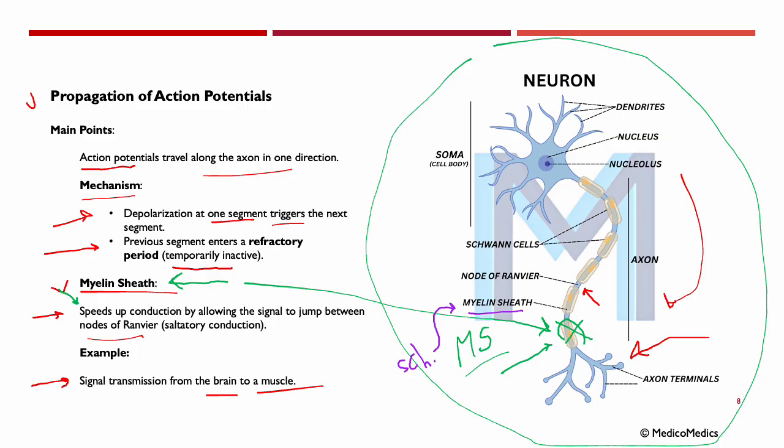And if signal transmission is slowed down or disrupted, you can imagine whatever this neuron is sending signals to, let's say a muscle or our vision or systems involved in coordination, whatever it may be, will be impacted.